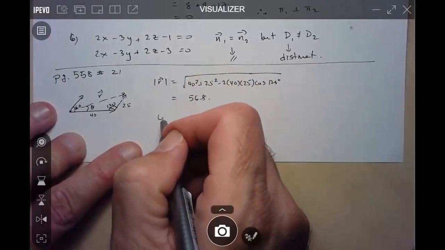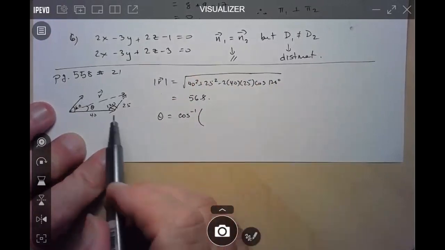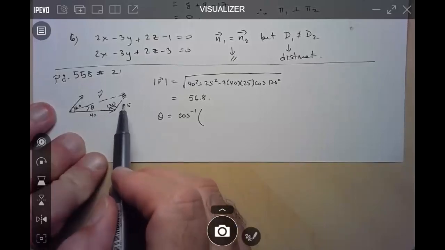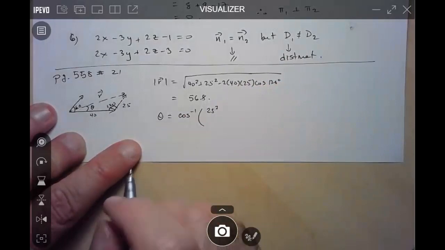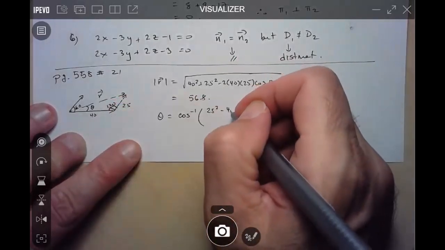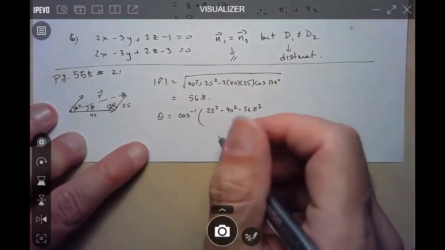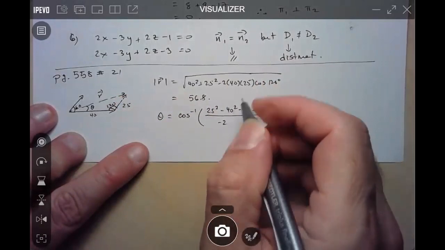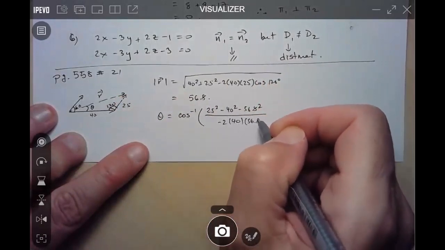So if I'm looking for theta, that's going to be cos inverse of, okay, its opposite side length is going to be the 25. So that's the one that comes first: 25 squared minus the square of the other two sides, 40 squared minus 56.8 squared, all over -2 times 40 times 56.8.